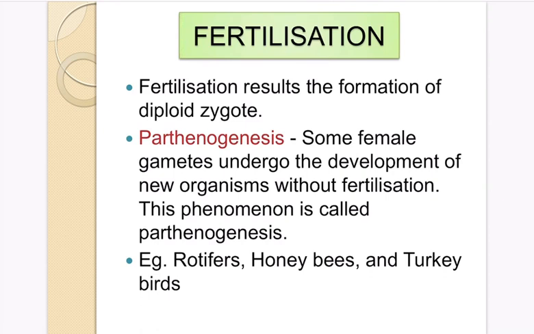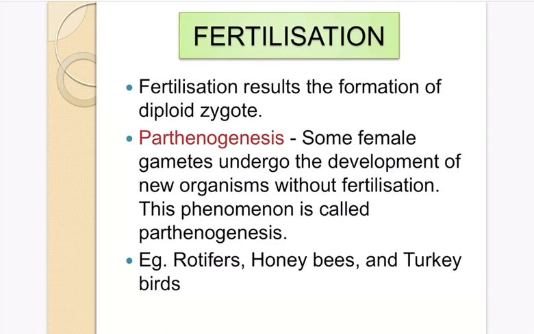Okay, now we go to the second main substage under sexual reproduction, that is fertilization. As we said yesterday, fertilization is the formation of zygote due to the fusion of male gamete and female gamete. In case of animals, including human beings, sperm, which is a male gamete, fuses with ovum, which is the female gamete, to form zygote.